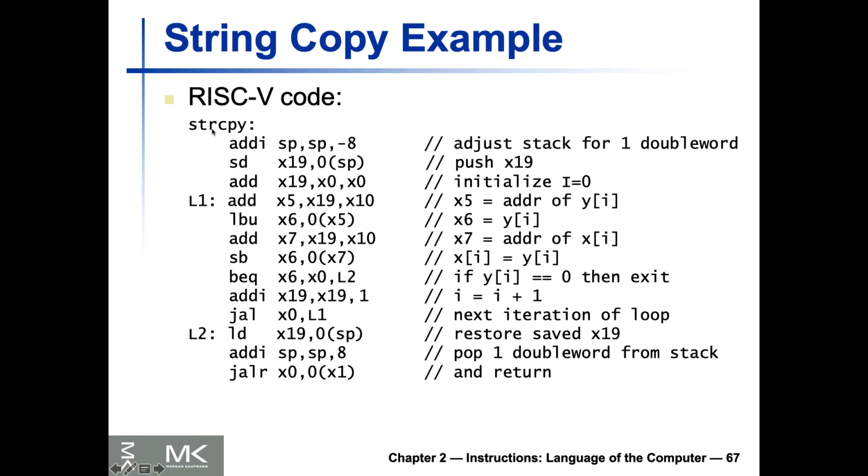So that's my strcpy. I have one L1 and one L2 that corresponds to my address of y[i], and then restore the saved x19. So at the start, I'm going to assume base addresses for x and y are found in x10 and x11.